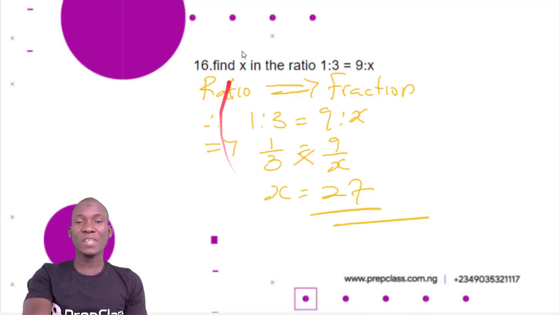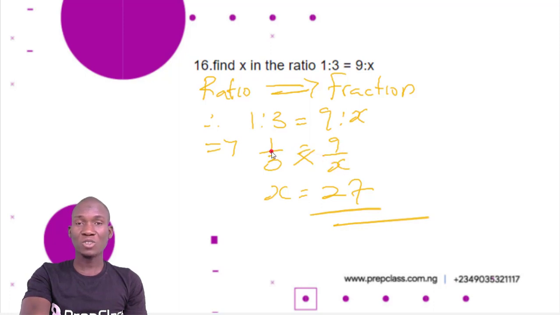Now since the ratios are equal and ratio means fraction, then we can say 1:3 equals 9:x implies 1/3 equals 9/x, because we say ratio is the same thing as fraction. So 1:3 will be represented as 1/3. 9:x can turn into 9/x.